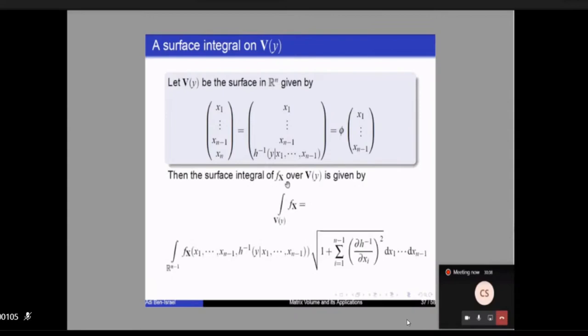Then the surface integral of the density of x over V_y, the surface where the random variable y gets the value small y, is, using the volume expression, the integral of f_x, the density of x, times the volume of the Jacobian, times dx1 to dxn minus 1.